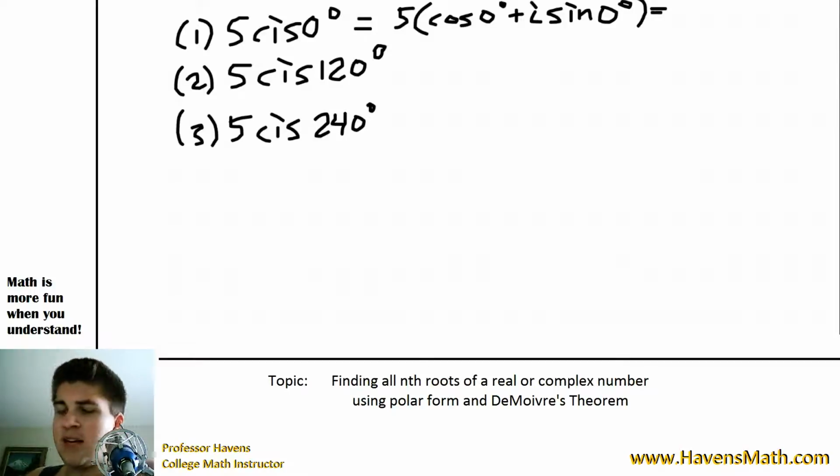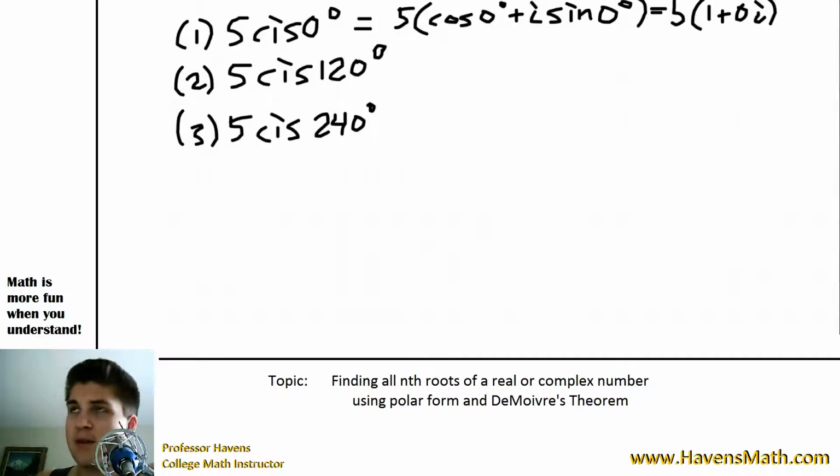At 0 degrees, cosine would be 1, and sine would be 0. So we get 5 times 1 plus 0I, because cosine of 0 is 1 and sine of 0 is 0, which is 5 times 1, or 5.